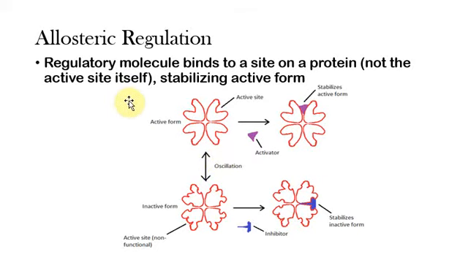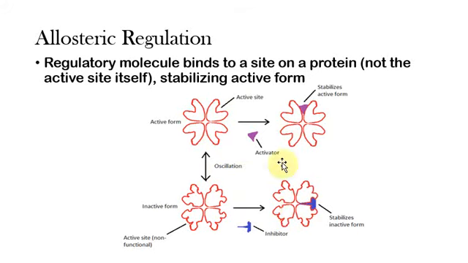An allosteric regulatory molecule will bind to a site on the protein and stabilize one of the forms. If it stabilizes the active form, that's an allosteric activator. If it stabilizes the inactive form, it's an allosteric inhibitor.